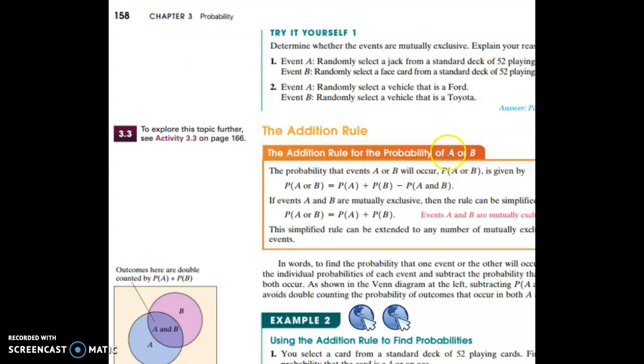To calculate the OR probability, essentially all we're doing is adding together the probability of each of the two events. And then we want to be careful we didn't double count outcomes. So we need to subtract away the probability of both events happening at the same time because it would be getting counted in both of these probabilities. So subtract away the intersection, the AND probability of both events occurring at the same time.